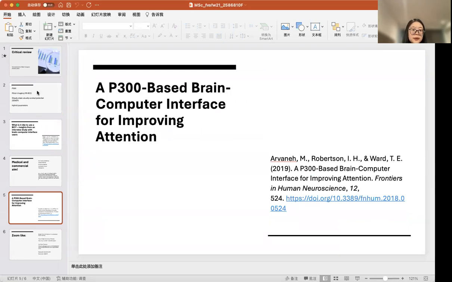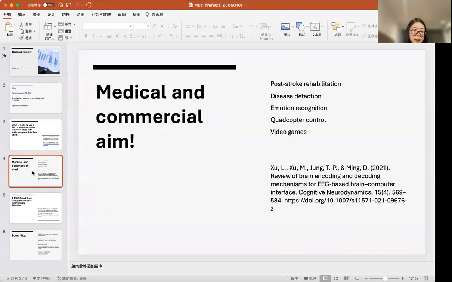The medical aims include post-stroke rehabilitation, disease detection, emotion recognition, and quadcopter control. And the commercial aim is special for some groups like teenagers, where applications will be designed for video games. But they have similar use principles.